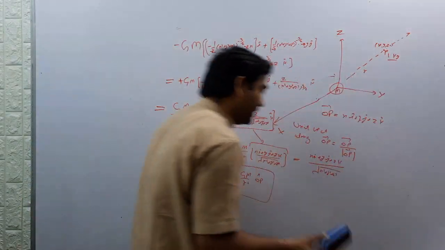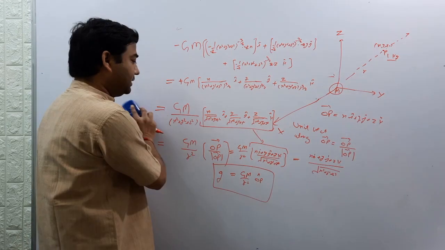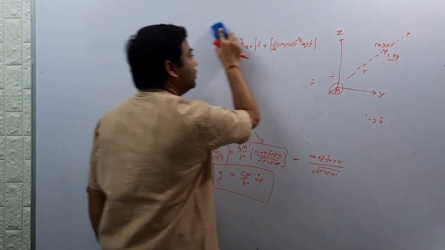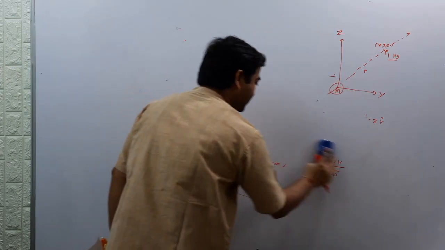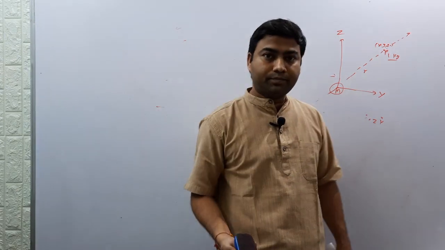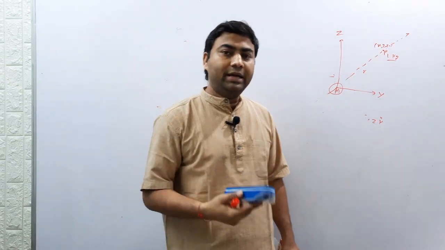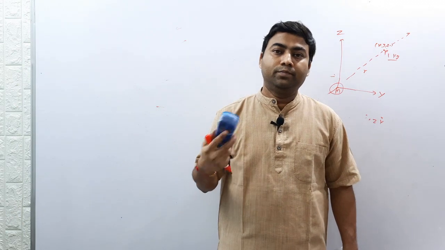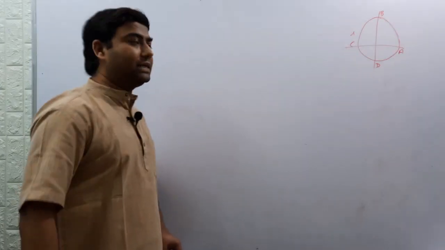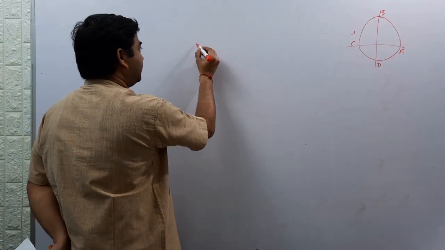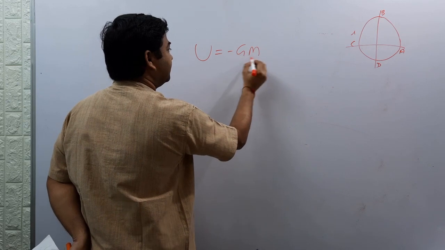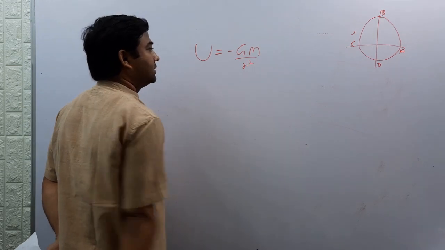So this is another example that the gradient of a scalar field is always a vector field. So here we found this vector field, the gravitational field G, by finding the gradient of the potential energy field, which is scalar.